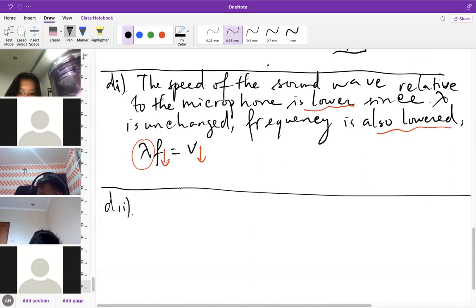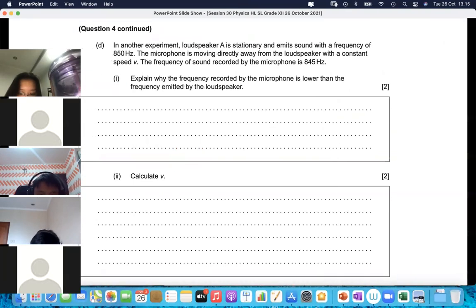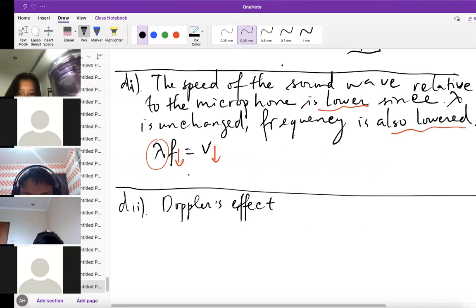Now this is the idea of the Doppler effect. Calculate v, the constant speed of the microphone. The question is finding the value of v of this constant speed.